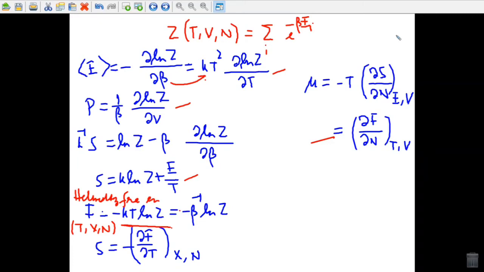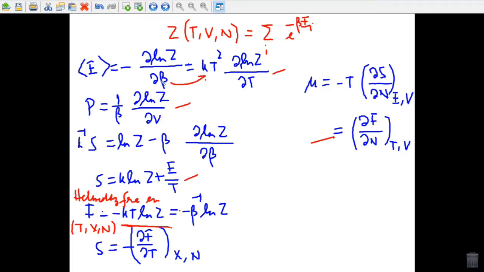The expression for the average energy, which can be calculated from the partition function of the canonical ensemble, is minus del del beta of ln Z, which can also be represented as kT squared del del T of ln Z. If you use del del beta, the sign is negative; if you use del del T, the sign is positive and it is kT squared, where beta equals 1 upon kT.